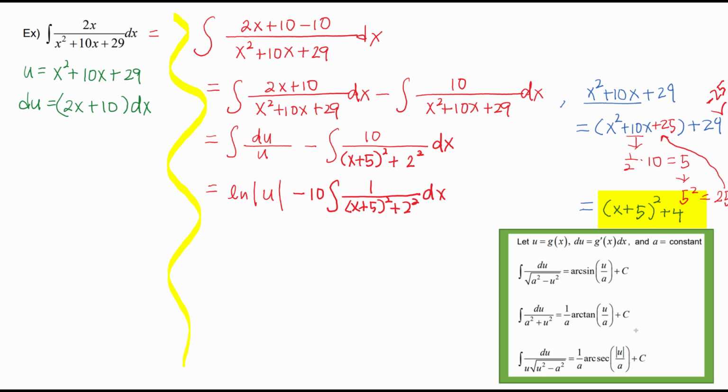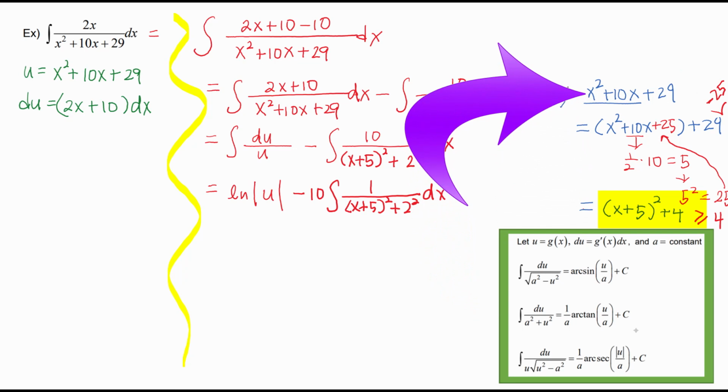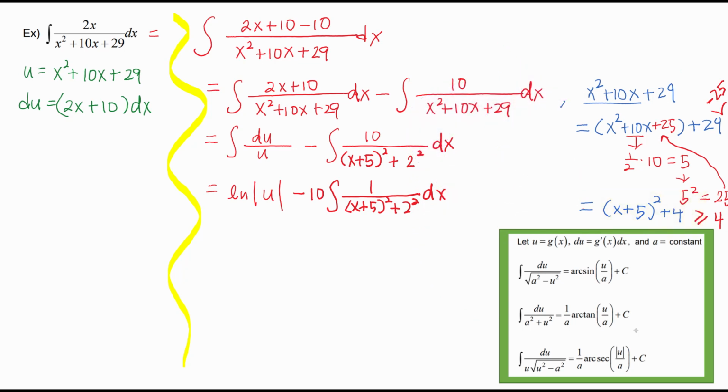And when you add the 4 to it, this is always going to be greater than or equal to 4. So this quantity here is always positive, so you would not need the absolute value. So you are just going to write ln of (x squared plus 10x plus 29), minus 10 times the integral.